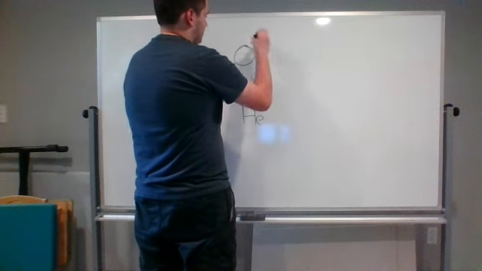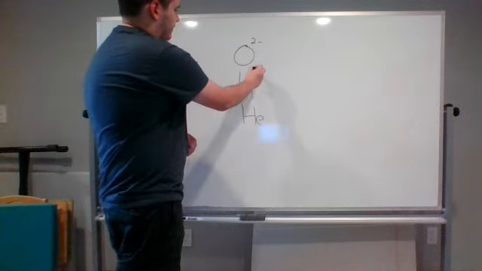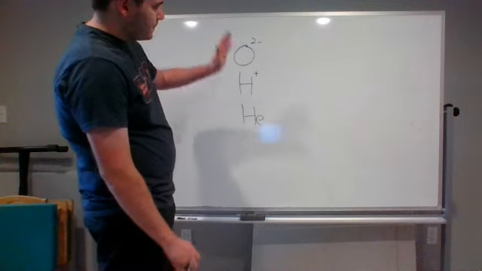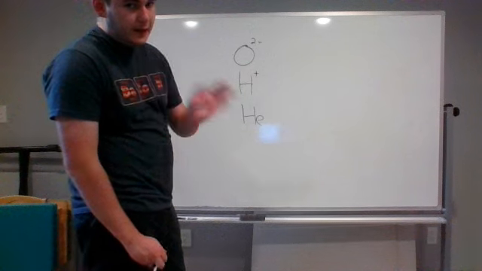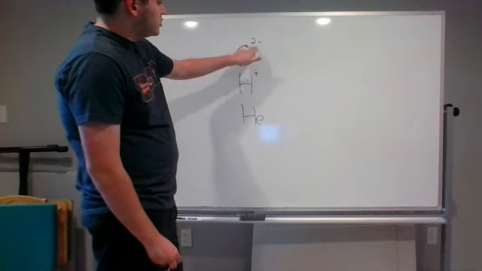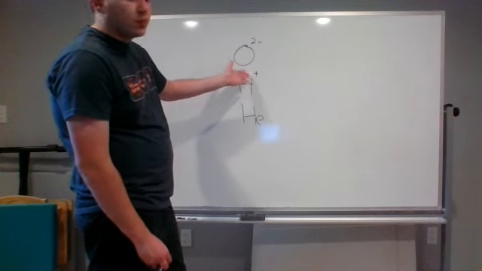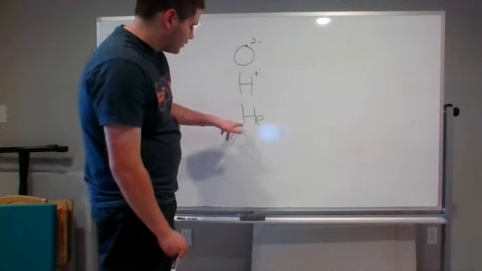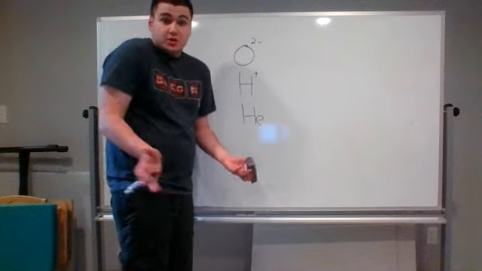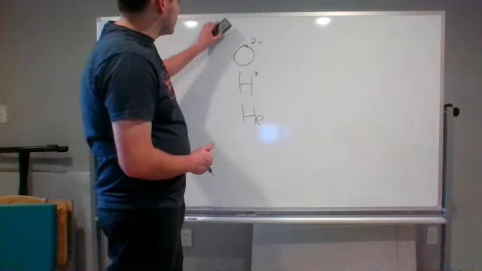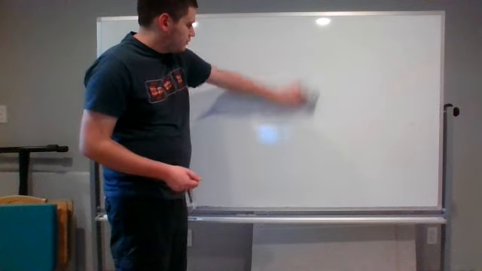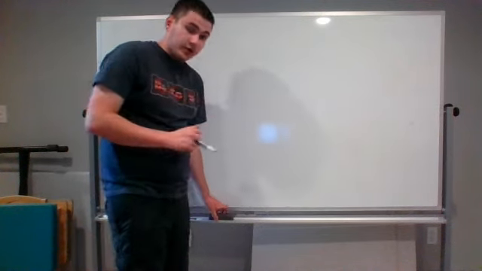Some have a negative charge, some have a positive charge, and some don't have a charge at all. You don't write the 1 when the charge is 1 positive, because there's just one of them. Some simply don't have a charge, and those are the noble gases: your helium, neon, argon, krypton, xenon. Monoatomics are fairly easy.